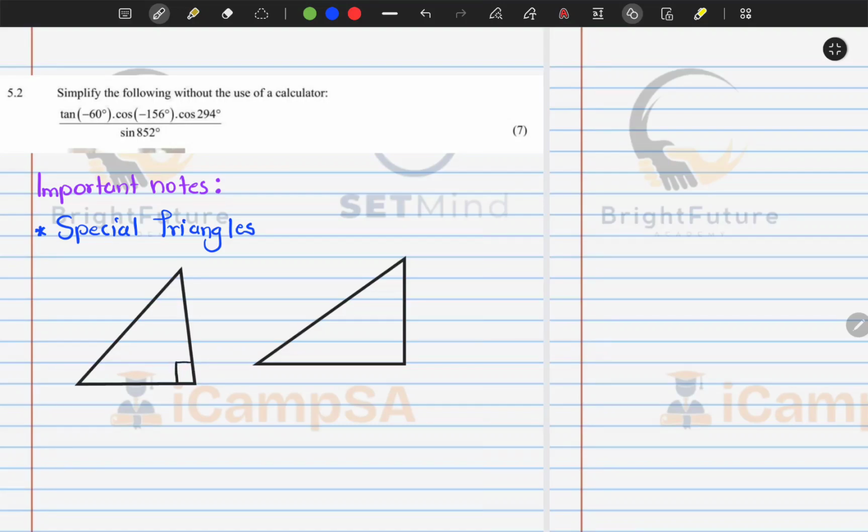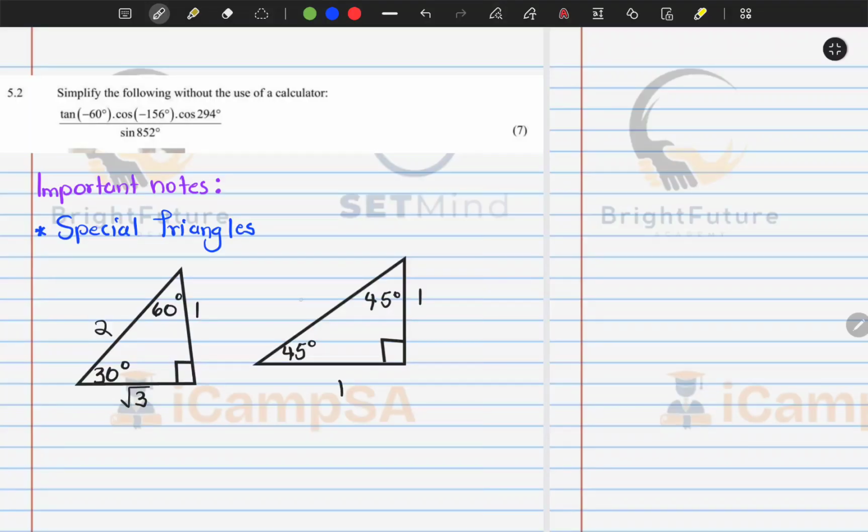Let's put a 90 degrees and a 90 degrees here. For our special triangle, we have a 30 degrees and a 60 degrees one, which is 1, 2, square root of 3. Then we have a 45 degrees, 45 and 45.